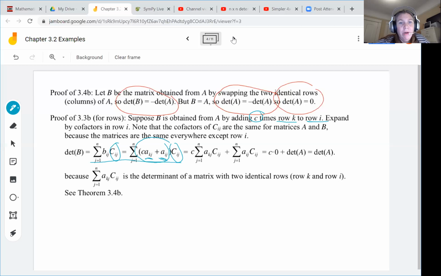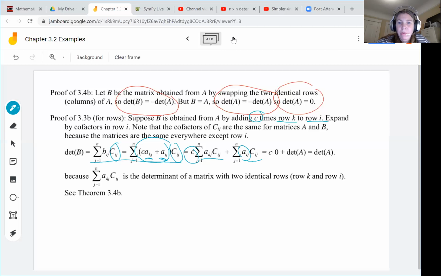All right, and then we know we can factor out constants, so we can pull the constant out here, because we can pull constants out of sums. We learned that in calculus. Then we have c times the sum of a_kj, where that is row k and we're indexing through all the columns j, times the cofactor C_ij, plus a_ij, the coefficient for row i, times the cofactor C_ij, again cycling through all the indices.